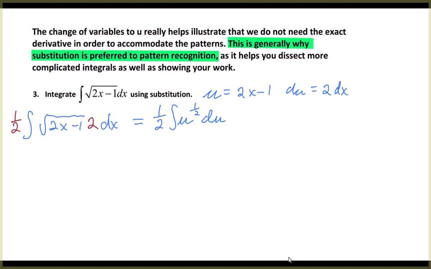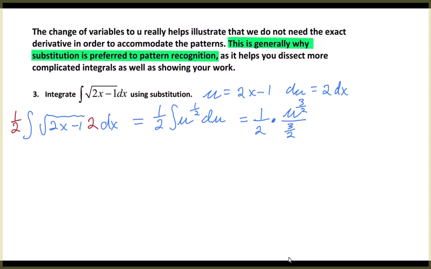So I've got that. Which then, when I integrate that, becomes 1/2 times u to the 3/2 power divided by 3/2.